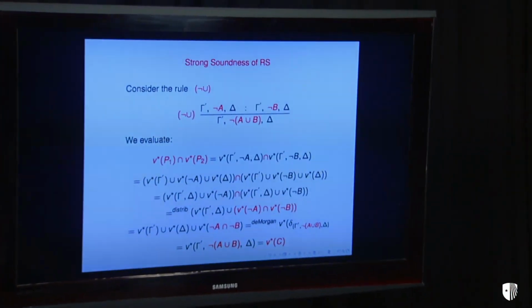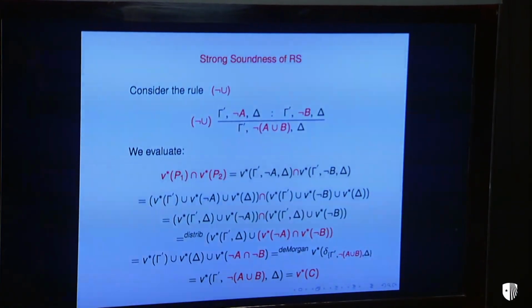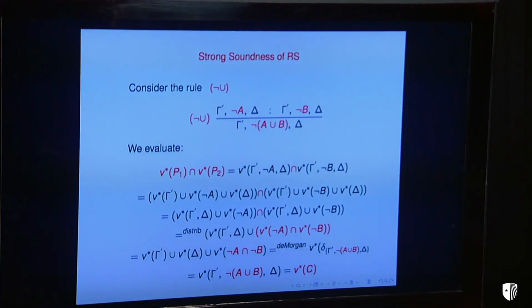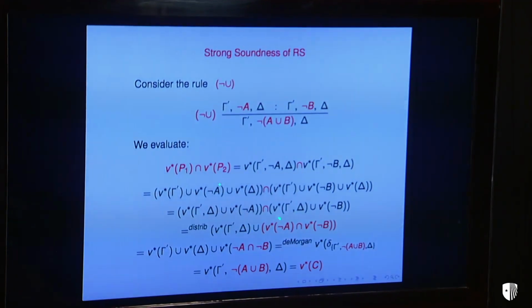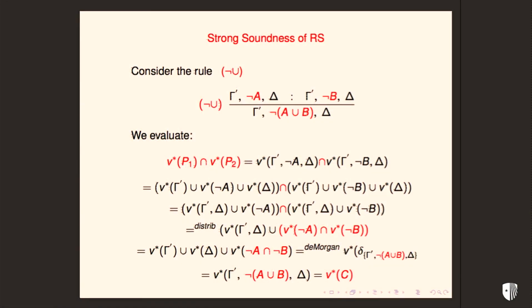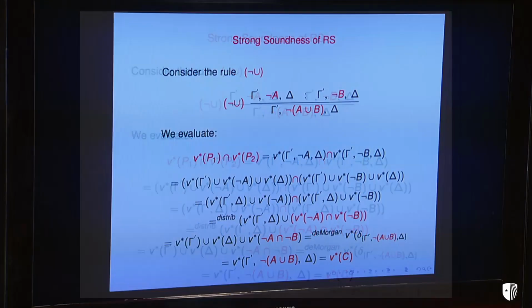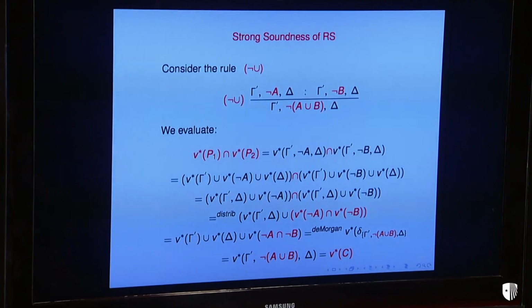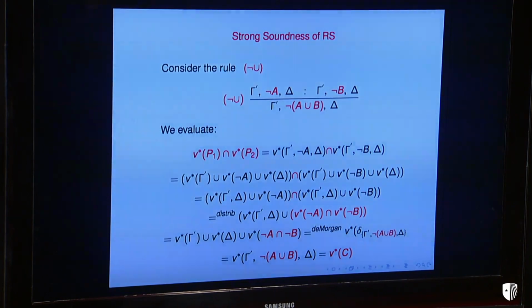I wrote that proof in detail because, to be able to do it, you use the distribution of disjunction over conjunction, here in red, and then you use the De Morgan law, and that's how you prove the strong soundness. So this is a little bit of work, but it's not a big work.